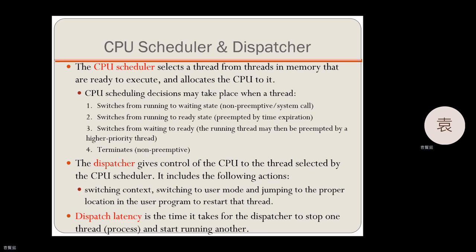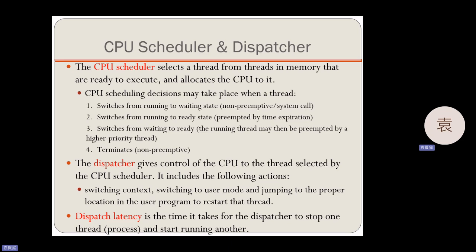The objective of the scheduler is to select the next ready thread to use the CPU. The decision to select a new thread to use the CPU usually occurs in the following 4 situations.